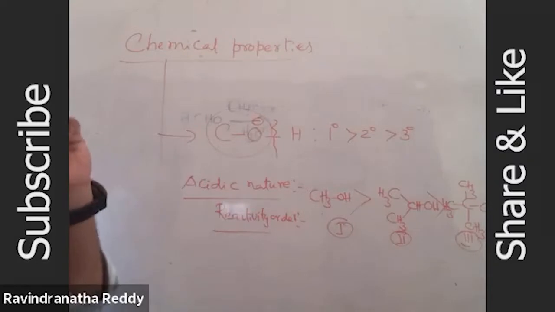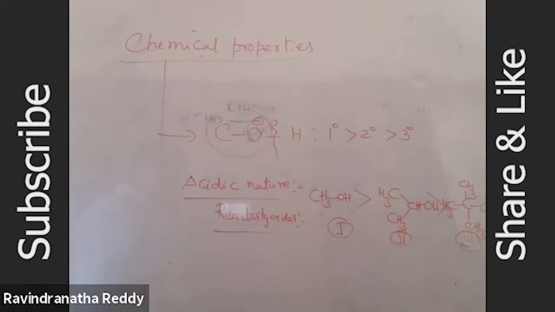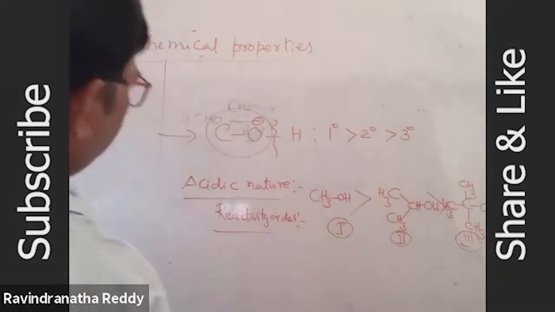Getting this point? So for alcohol's acidic nature, check the reaction with sodium metal, sodium hydroxide, sodium carbonate, sodium bicarbonate. Which reaction are they giving with regard to acidic nature?